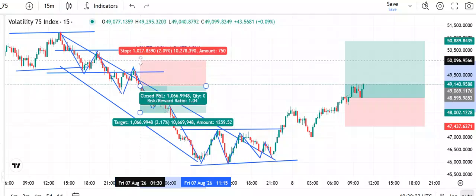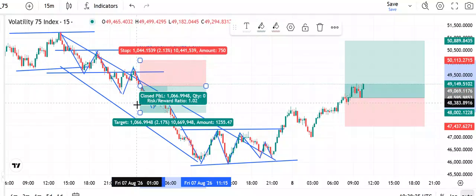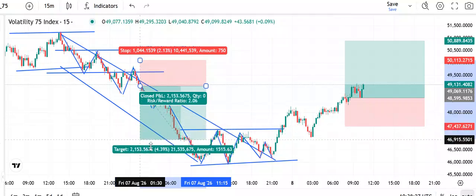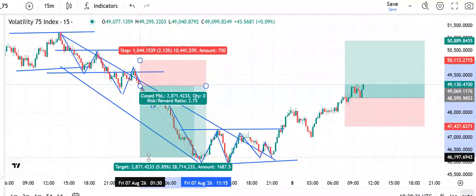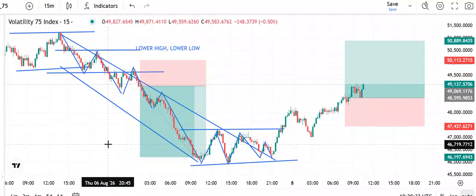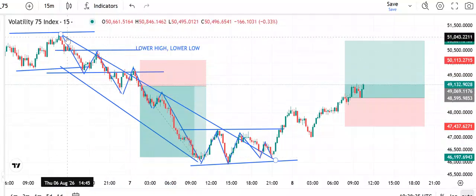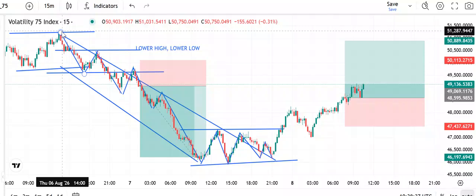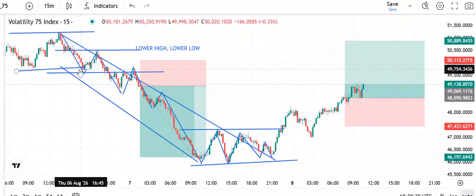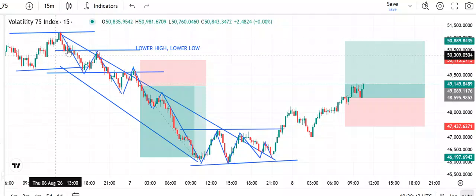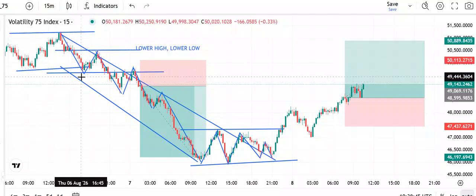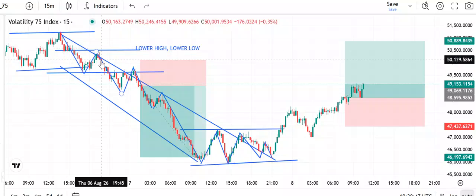The stop loss will be 1000 pips, and your take profit will be times ratio 1 to 2 or ratio 1 to 3. But first thing is market trending. Yes, you have a breakout of the range, this range here. You have the breakout, you have the retest, and then you have the break of structure.